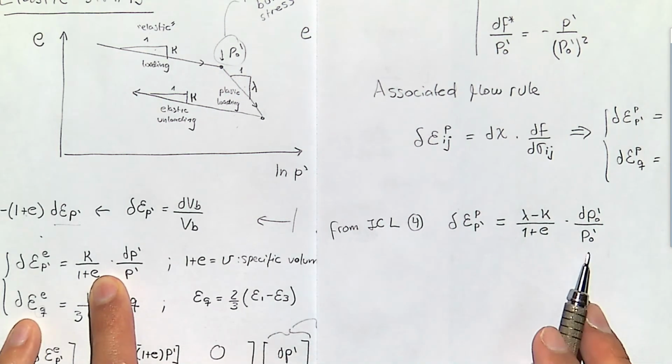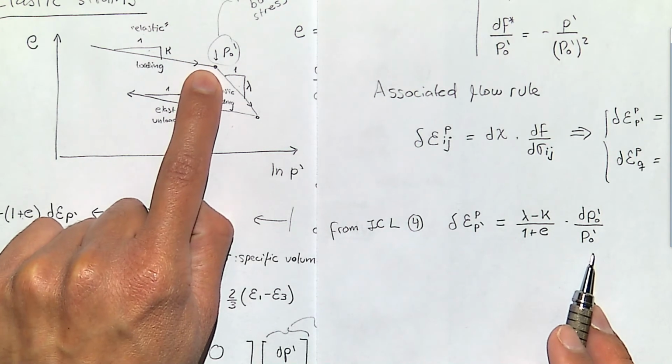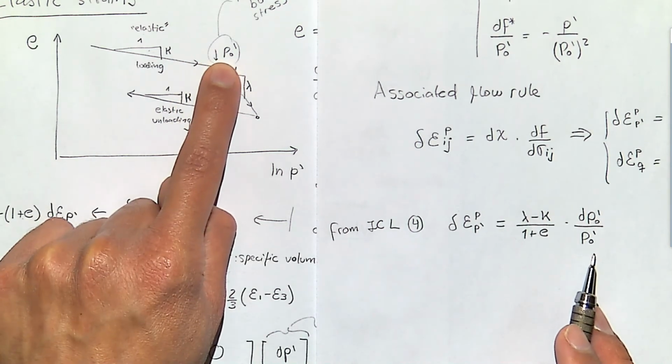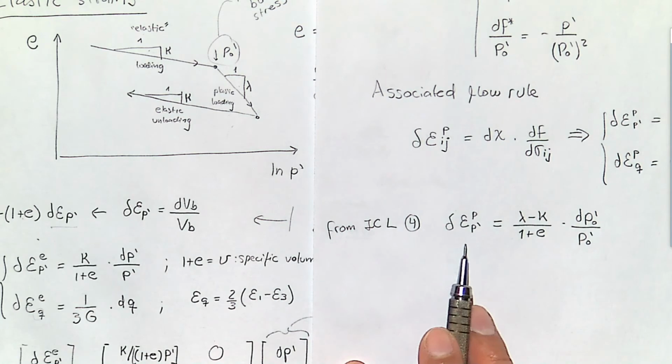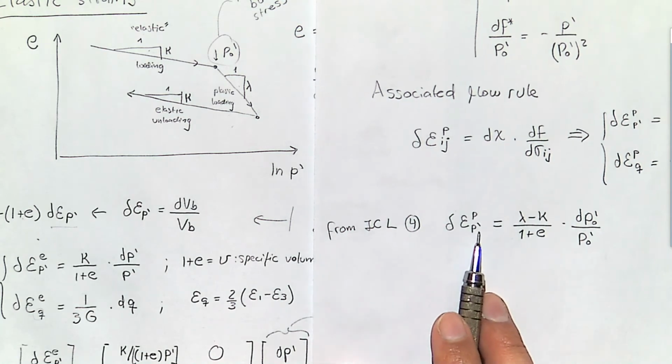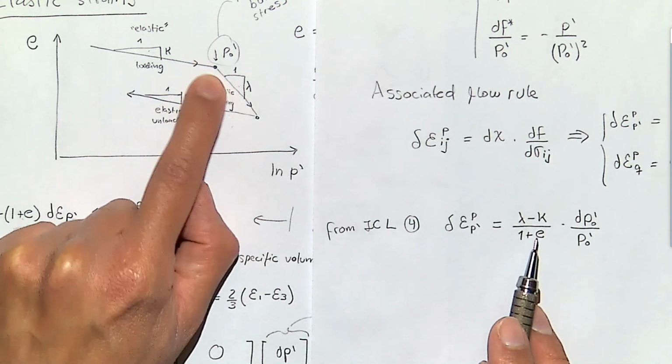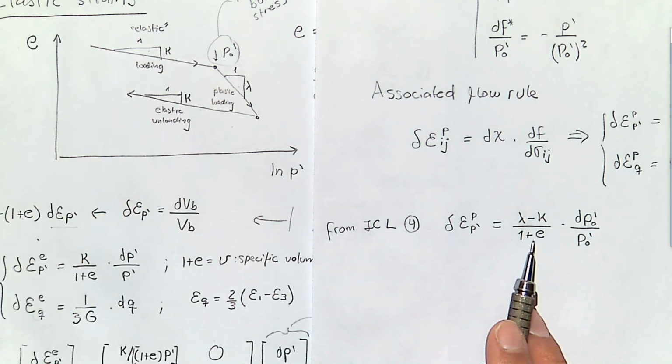That would happen when I get to the yield point and I change this value. This is what is going to be the plastic strain. This amount comes directly from that plot.